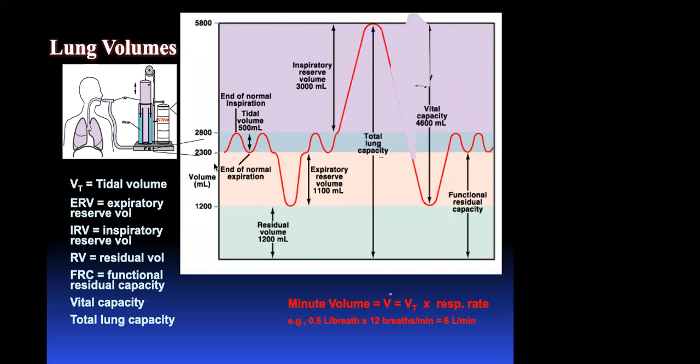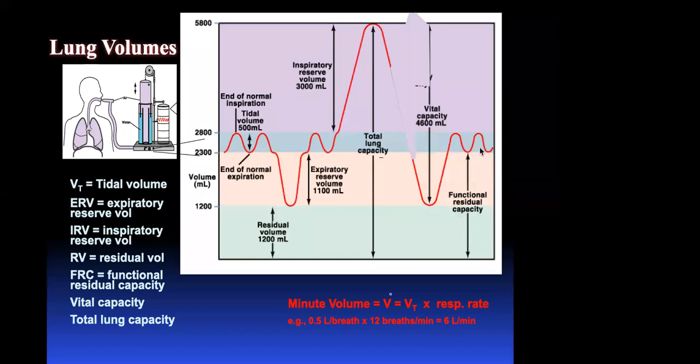So please understand these: tidal volume, expiratory reserve volume, inspiratory reserve volume, vital capacity. Vital capacity is maximum expiration followed by maximum inspiration, or maximum inspiration followed by maximum expiration, the total amount of air that can go in and out of the lungs.